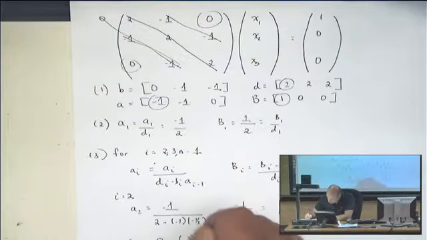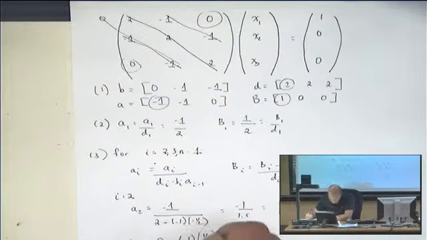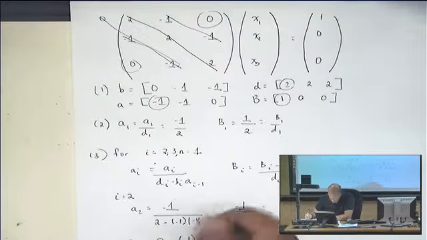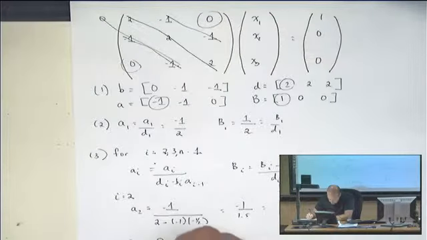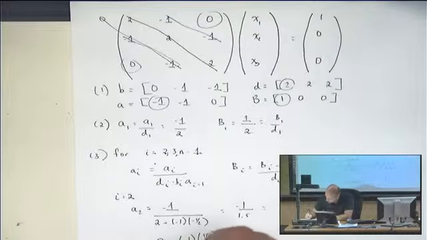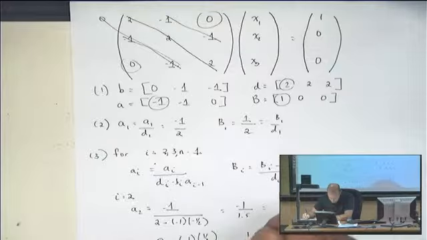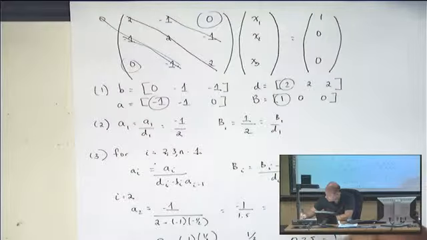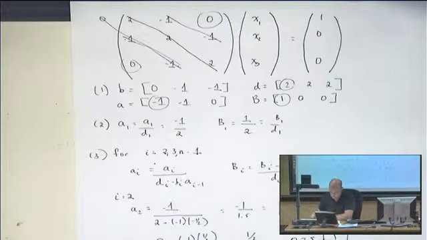Minus negative 1 times 1/3, divided by 2 times negative 1, minus negative 1 minus 2/3, which is equal to 1/3 divided by 4/3, which is equal to 0.25 or 1/4, whatever you want to do.